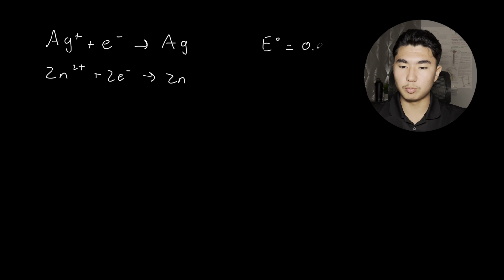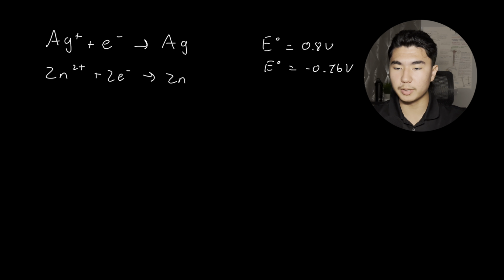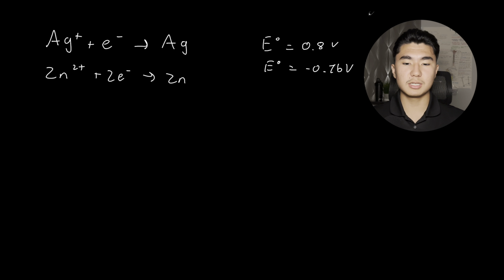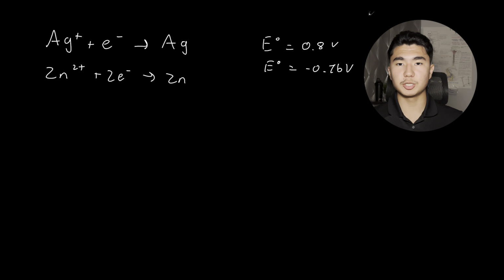It's going to be 0.8 volts, and the other one is negative 0.76 volts. We're pretty much using the same values for zinc. On any practice exam, you're always going to be given your standard reduction potentials, because you're not expected to know every single standard reduction potential for every reaction. So you're given that, thankfully.